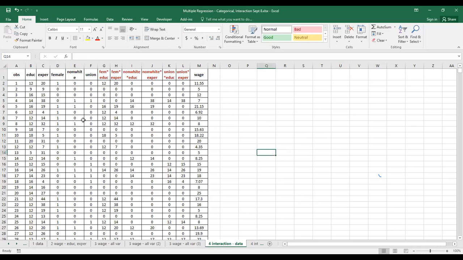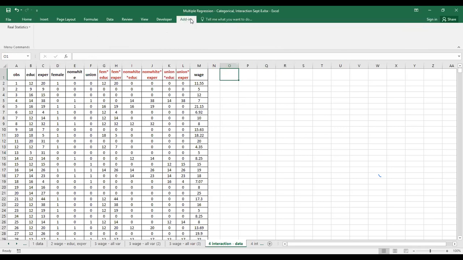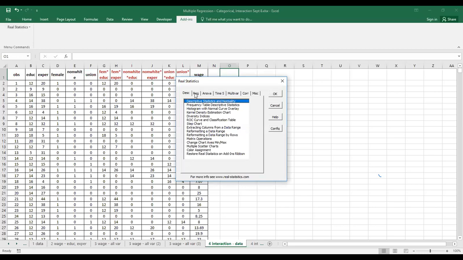Alright? So now the variables are next to each other, so we can regress this. Okay, so let's regress this. Add-ins, Real Stat, or Control M, regression, multiple linear regression.